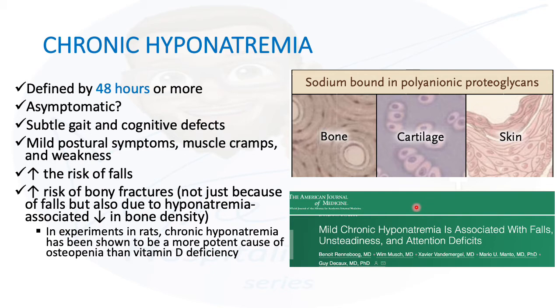Mild chronic hyponatremia is associated with falls, unsteadiness, and attention deficit. So definitely, even if the patient has chronic hyponatremia, even if it's a little bit mild, it's probably worth trying to treat it and look for the underlying cause and try to reverse it if possible because of these associated symptoms.